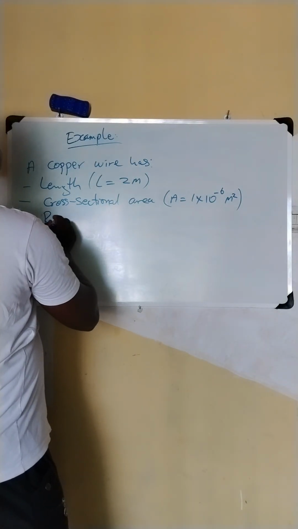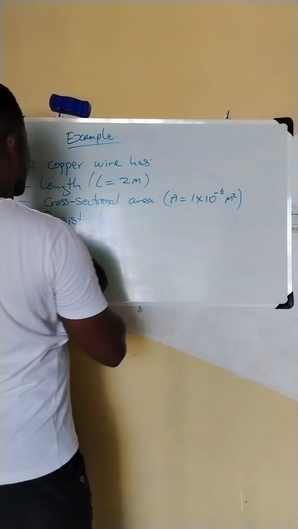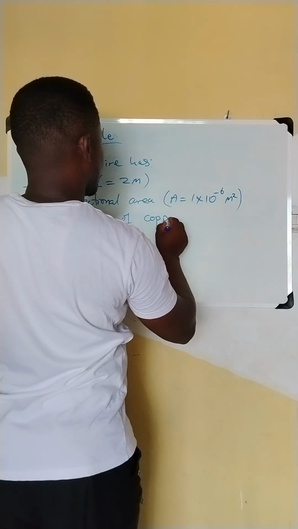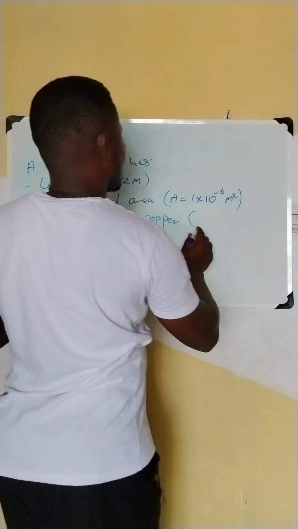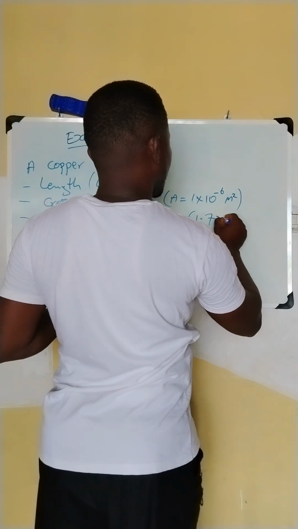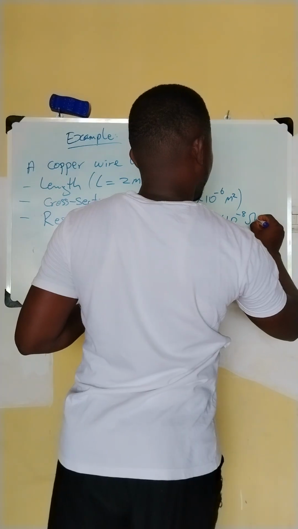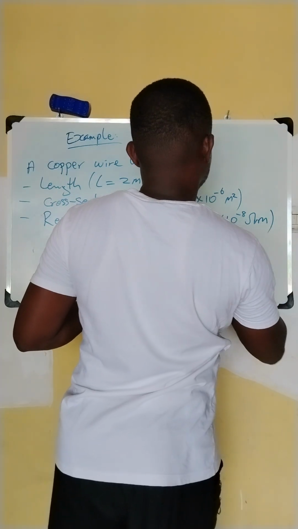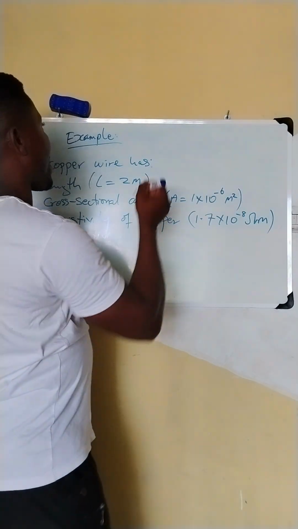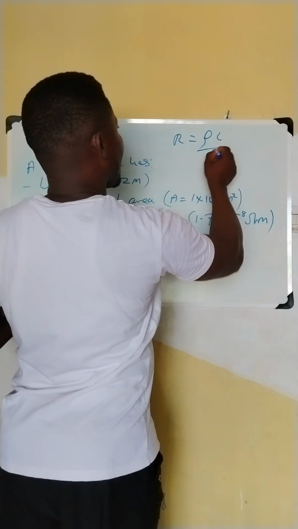Then the resistivity of copper is 1.7 times 10 raised to the power of negative 8 ohm meter. I proved that. I told you resistivity is measured in ohm meter, and from the formula R is equal to resistivity times length all over area, I proved that.